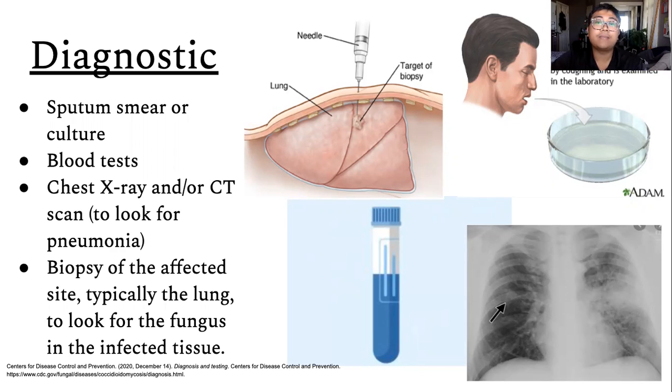They will order a blood test, where your doctors will check for any antibodies against the fungus that causes valley fever. And then they can order chest x-rays and or CT scan to look for any pneumonia. The invasive way that they can also diagnose would be biopsy of the affected site.